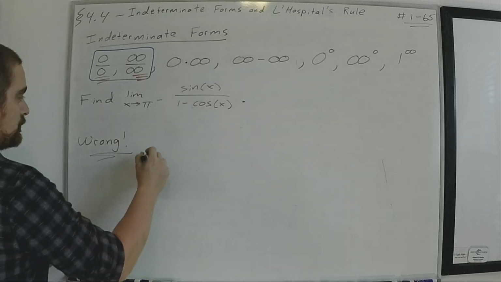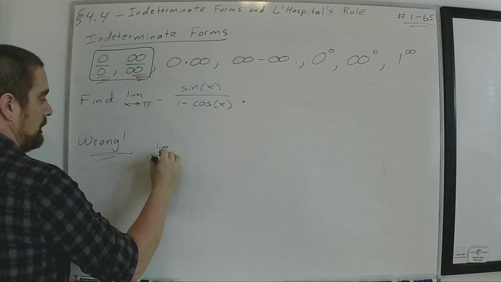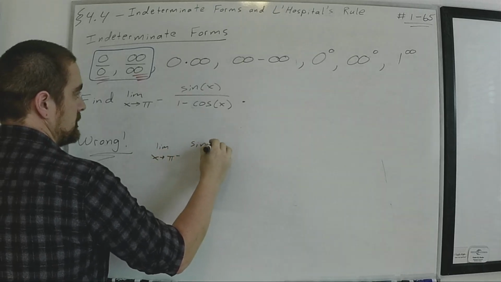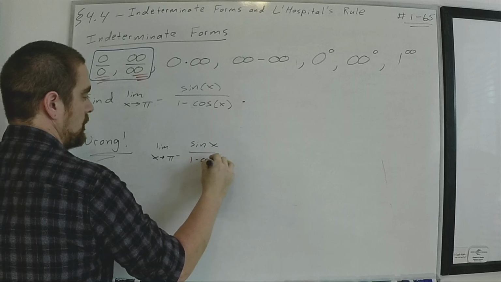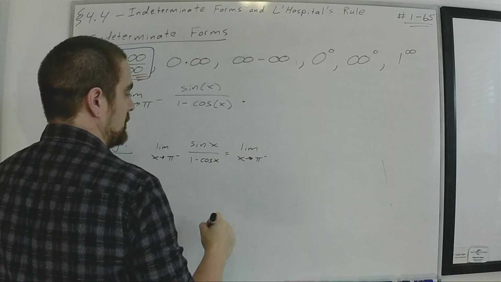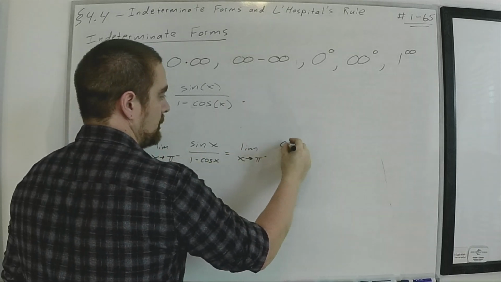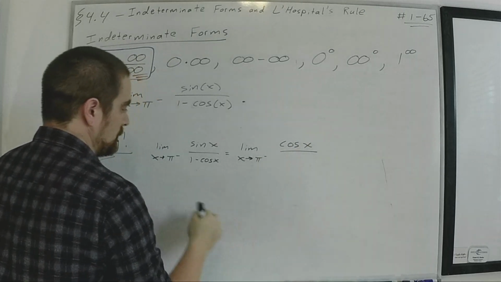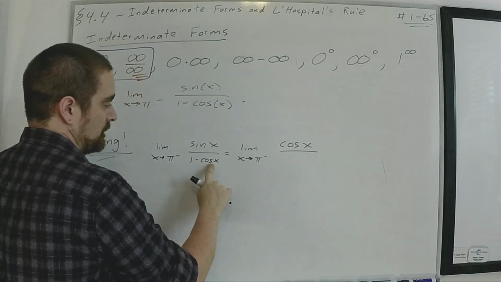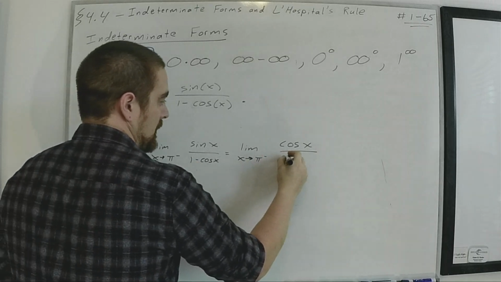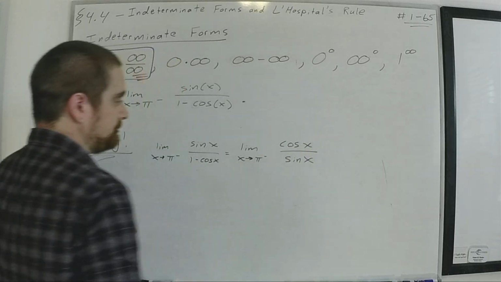In fact, if we try the limit as x goes to pi from the left of sine of x over 1 minus cosine x, we get the limit as x goes to pi from the left of the derivative of sine, which is cosine. The derivative of 1 is 0, so it's gone, minus the derivative of cosine, which is negative sine. So I get a negative sign in the bottom, that's just sine x.